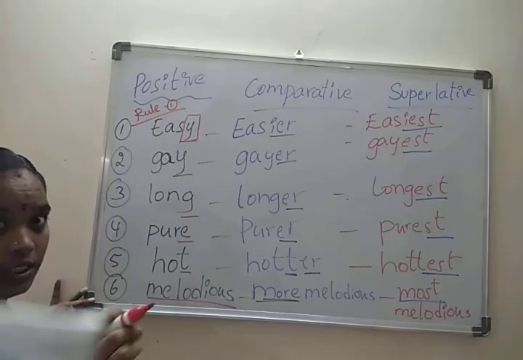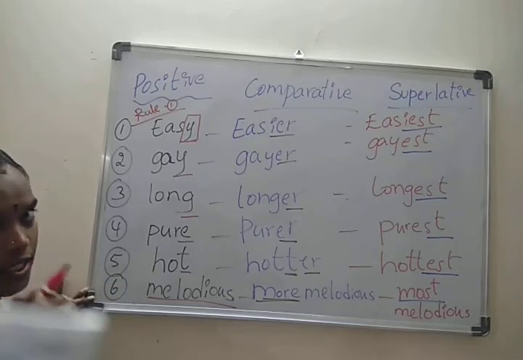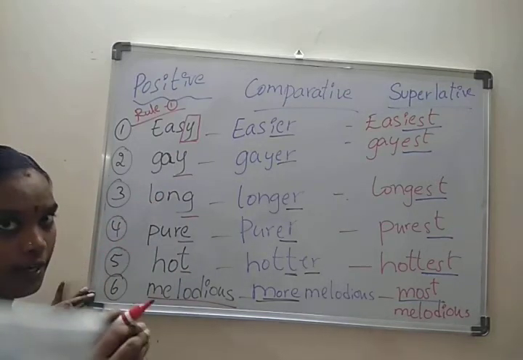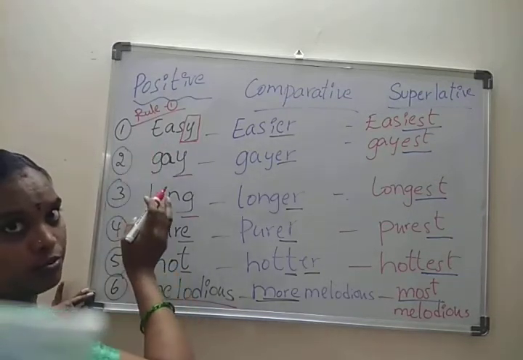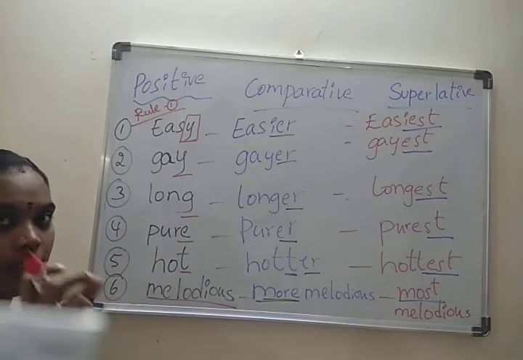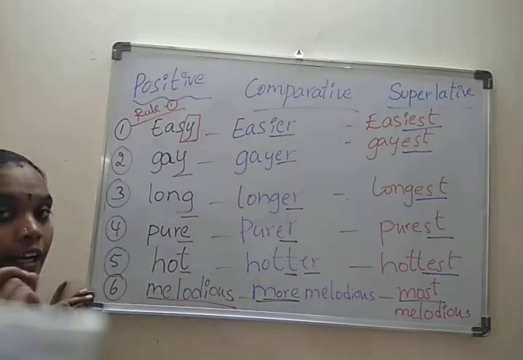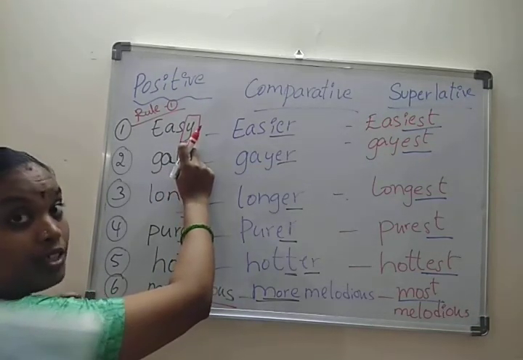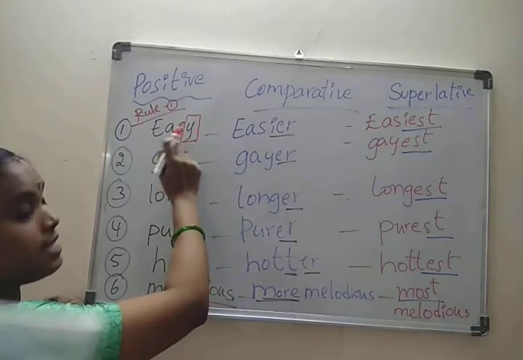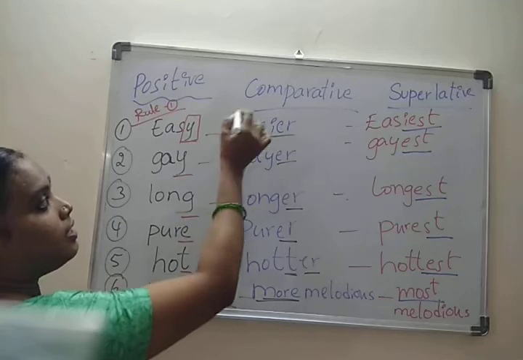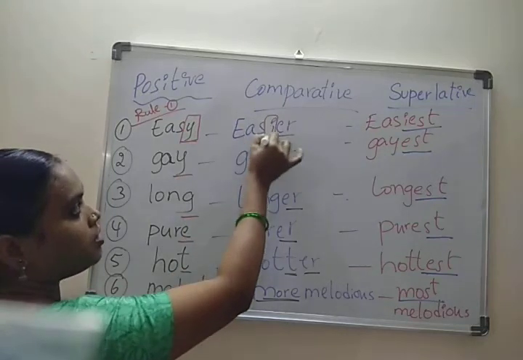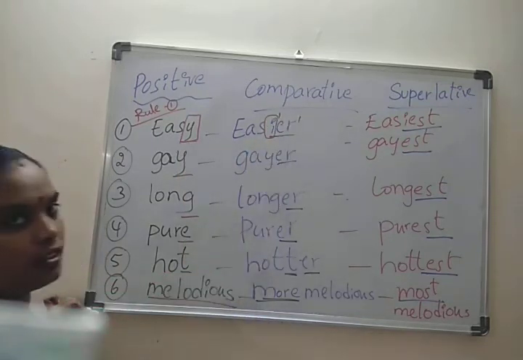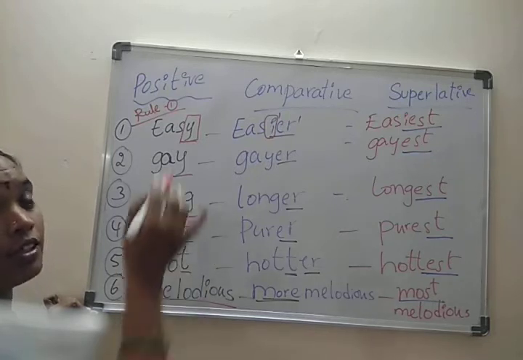Whenever the word ends with a consonant sound, Y is a consonant, so it ends with a consonant Y. In the positive degree the word ends with a consonant sound, not a letter, a consonant sound, easy. So that letter changes into I first. The first rule is changing Y into I and adding ER in the comparative.